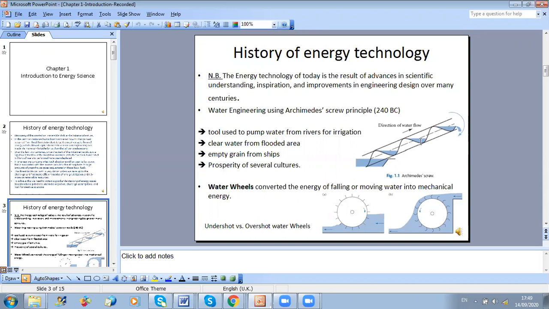It just relies on creating, if I can create the rotation of a shaft, I am able to pump water from rivers for irrigation, or I can raise the level of water. Why? Because in this way, I will transform the rotational mechanical energy into potential energy, which will help me to lift water upward. And this has a lot of applications.